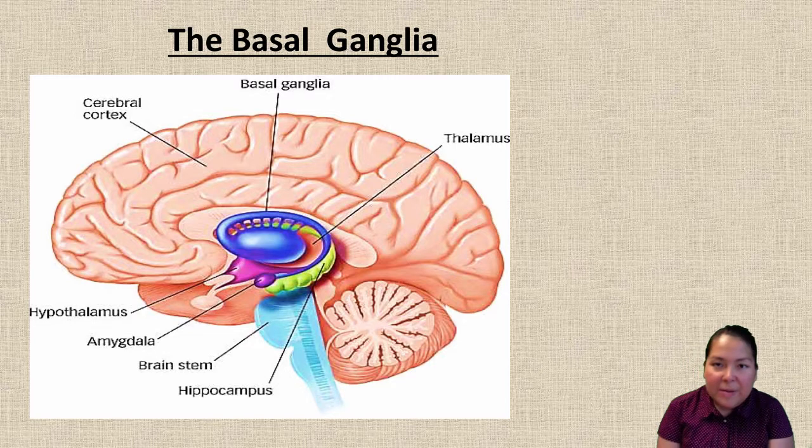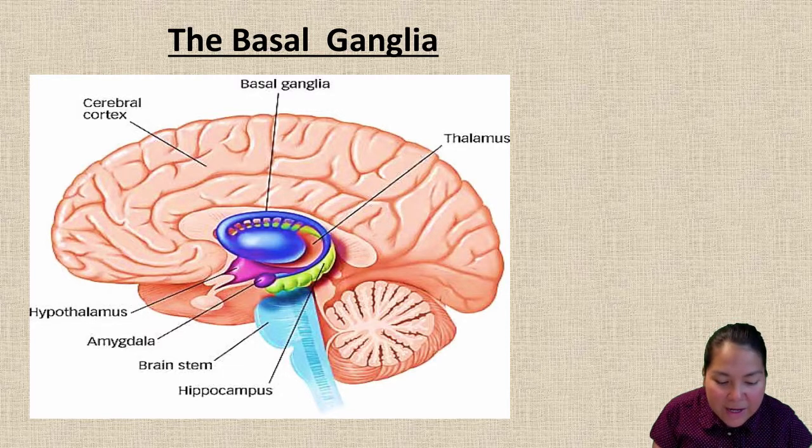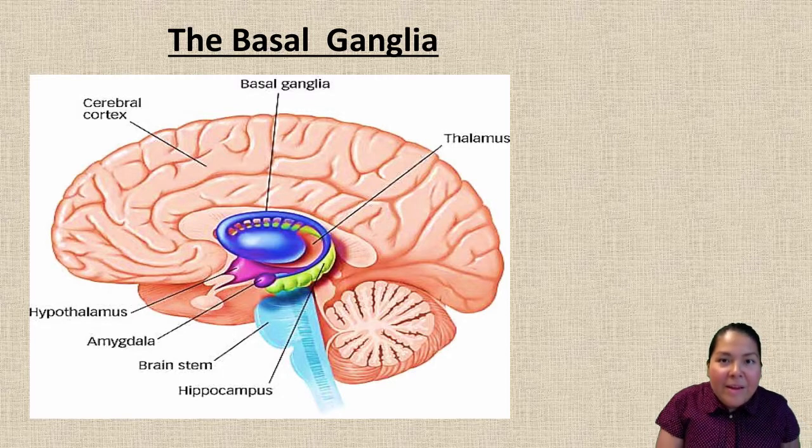Here we have the basal ganglia. And the basal ganglia is a group of those subcortical structures, and it directs our intentional movements. It includes the striatum, which is responsible for posture and movement. And we see that individuals that suffer from Parkinson's disease have these symptoms of uncontrollable shaking, and it's due to an undersupply of dopamine in the basal ganglia.